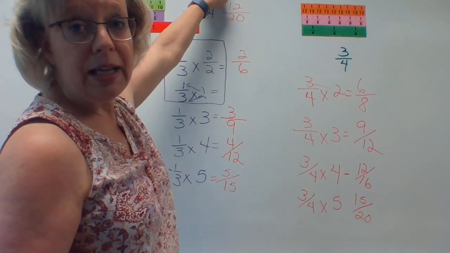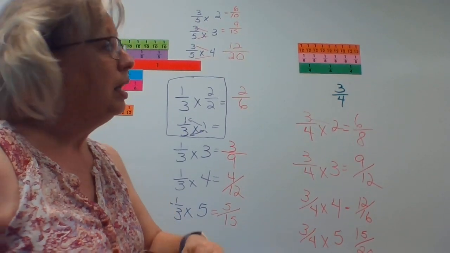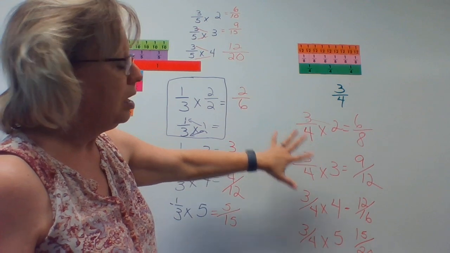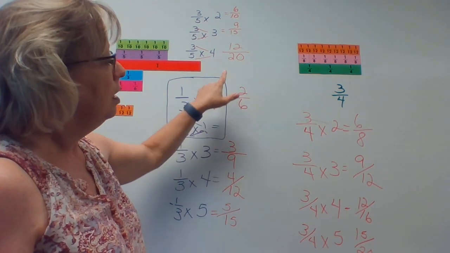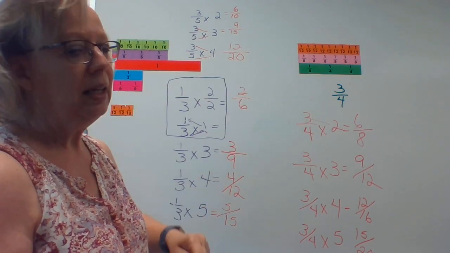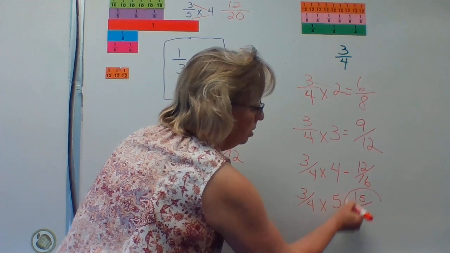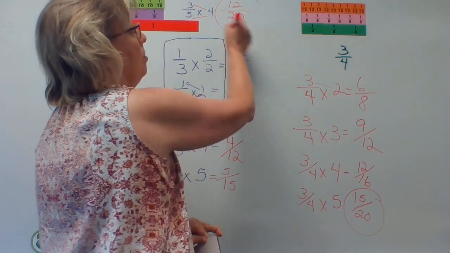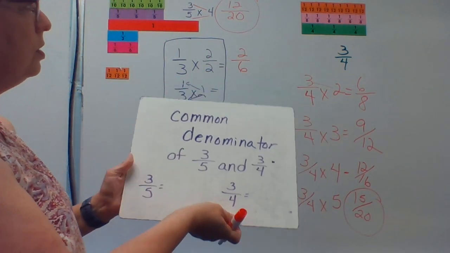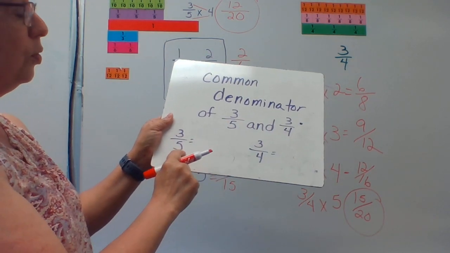My denominator is the down number, so I want to look up here which denominators are the same in both of these. I'm noticing that this one has a denominator of 20, and also this one has a denominator of 20. So my common denominator between both of those is my common denominator for 3/5 and 3/4.